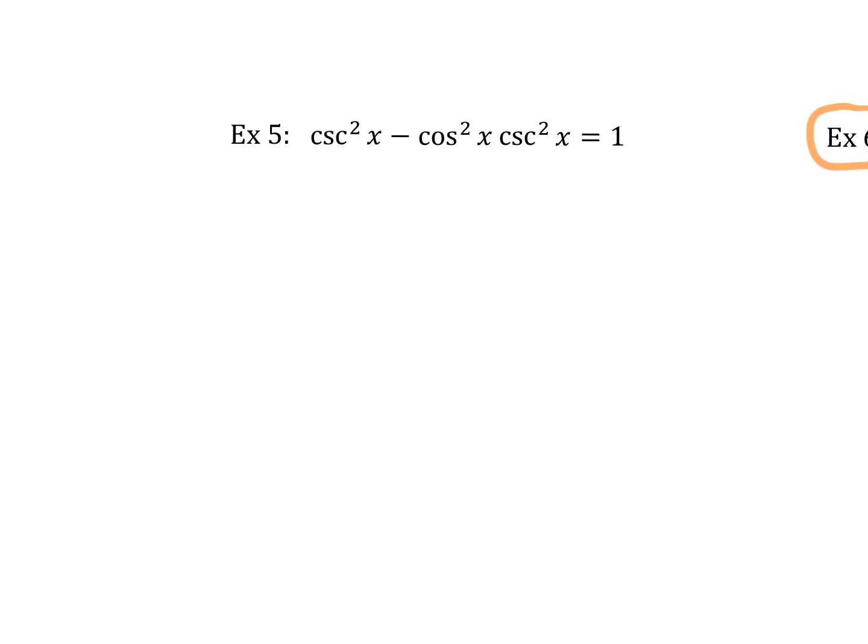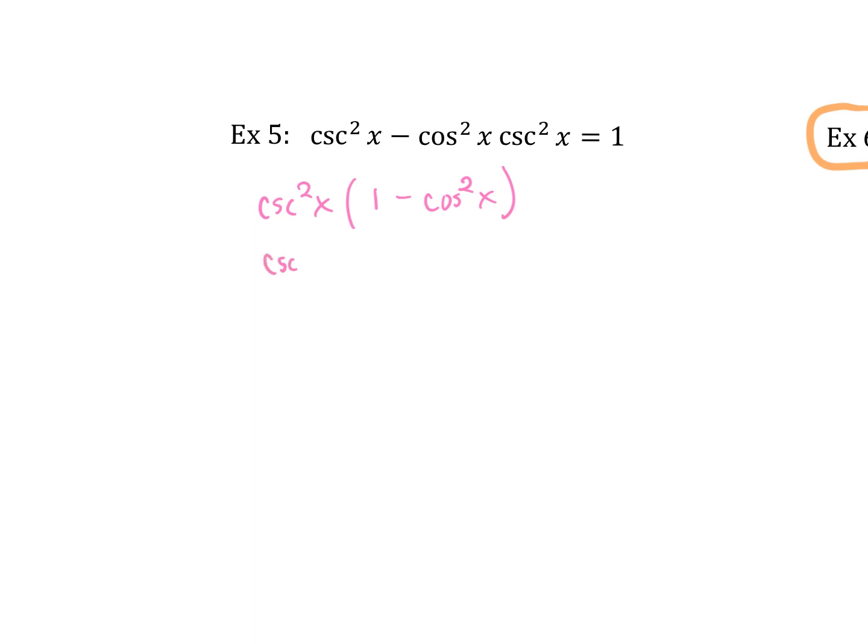We need to find, I'm seeing a common factor in both of those terms. So what's our common factor there? Cosecant squared x, there you go. So we need to factor out that cosecant squared x, and then we are left with 1 minus cosine squared x.